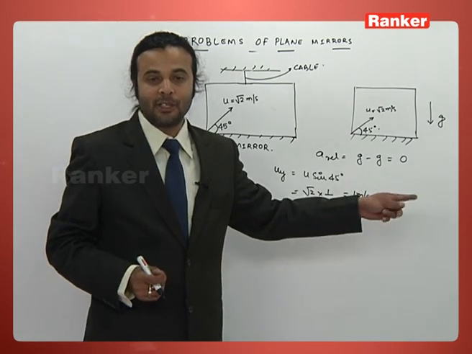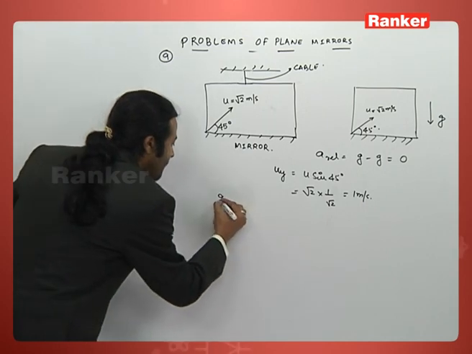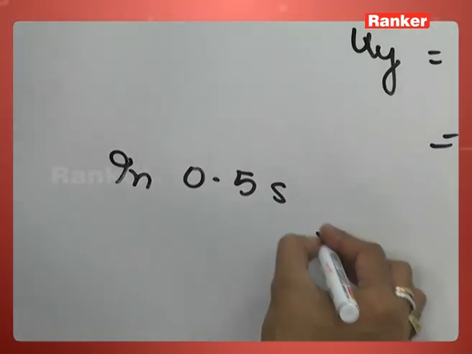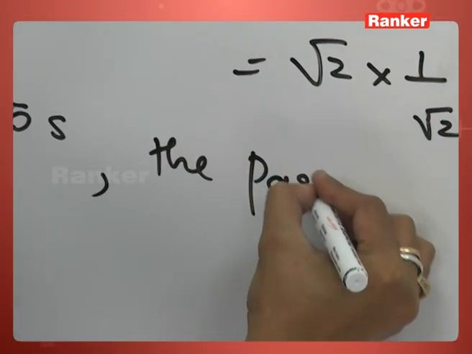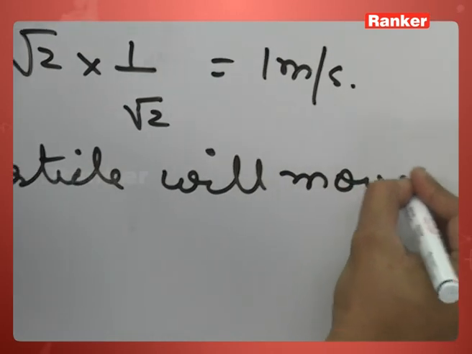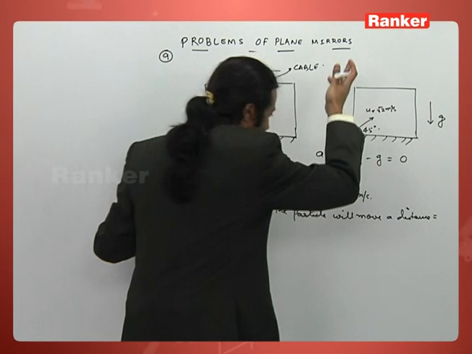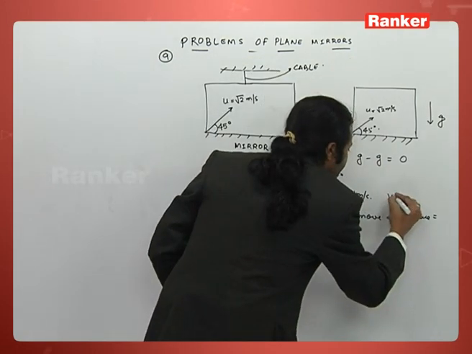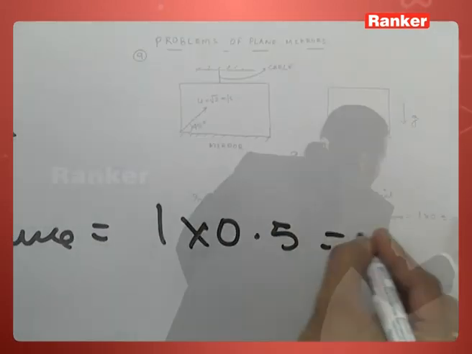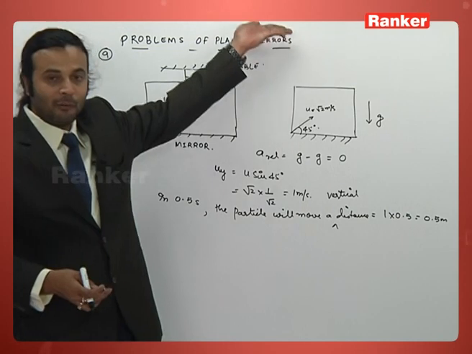Now what will be the separation between the particle and its image? In 0.5 seconds, the particle will move a vertical distance of 1 into 0.5, that means 0.5 meter.